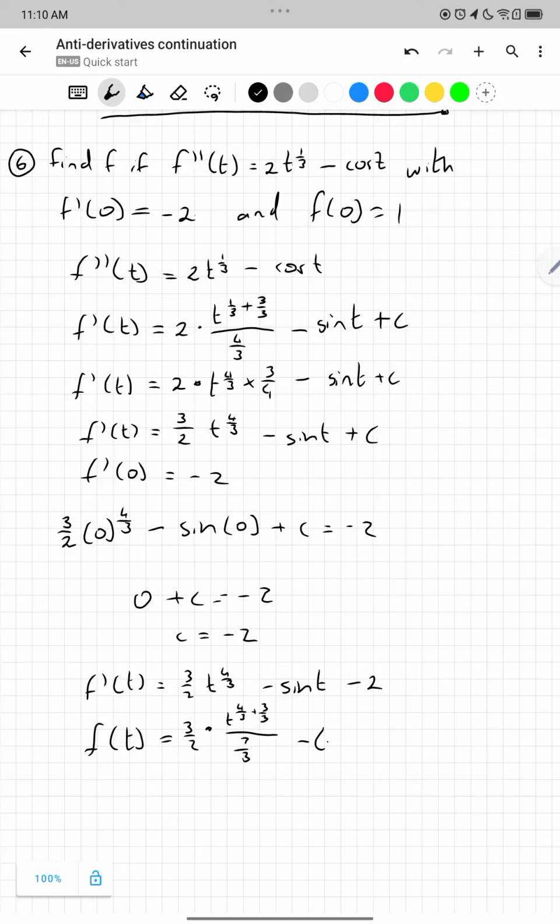So in that case, I get negative cos t minus 2t plus, I'm going to say d as our new constant. Right?